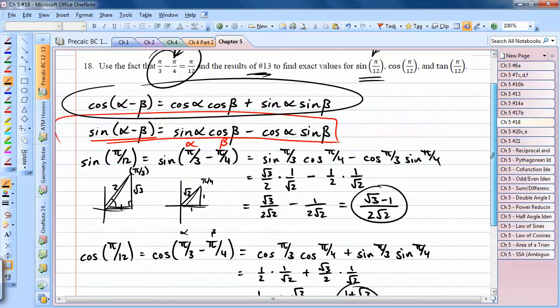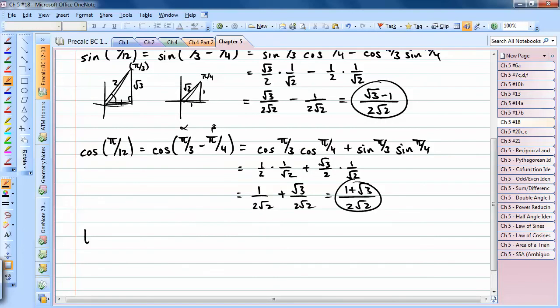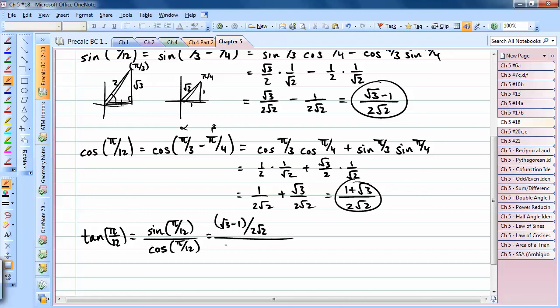The last one we need is tangent of pi over 12, and there's no special formula for that one, but we already have sine and cosine. So this is the same thing as sine of pi over 12 over cosine of pi over 12. So that's going to end up being what we got for sine, which was root 3 minus 1 over 2 root 2, and then the whole thing is over 1 plus root 3 over 2 root 2.